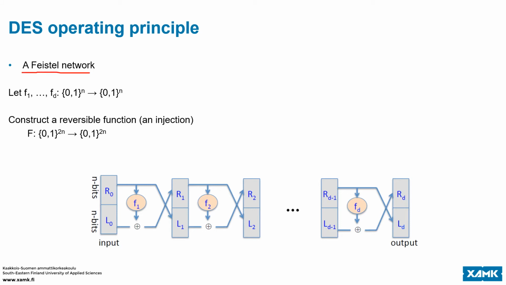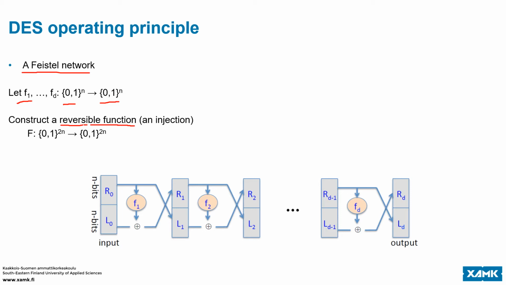Now a Feistel network is a collection of functions, let's call them F, which simply map some binary input to a certain binary output. And this mapping has to be a reversible function, simply because we want to be able to reverse the process in order to eventually decrypt our data as well.